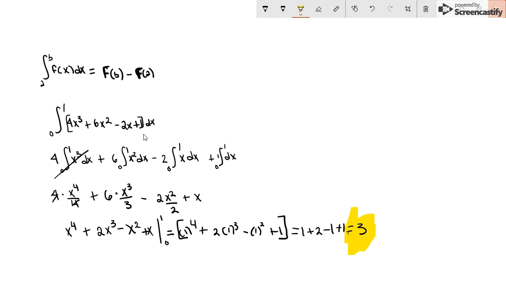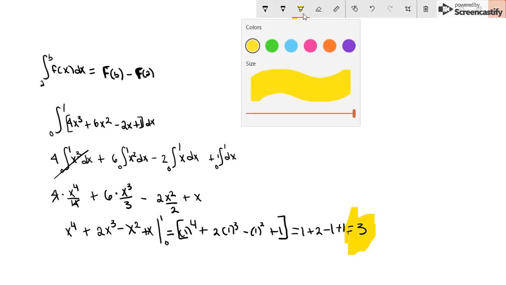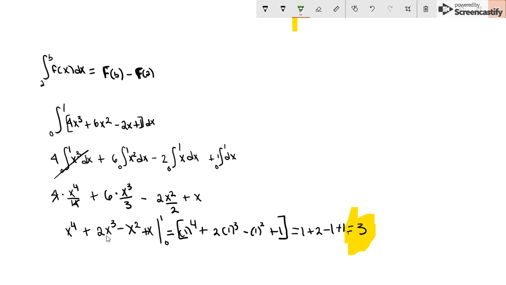So you see, with a definite integral, you get a value instead of a function. If this were an indefinite integral, this right here would be your final answer, but with a plus c. You'd have to write plus c, right? But since this is a definite integral, you're getting a value.